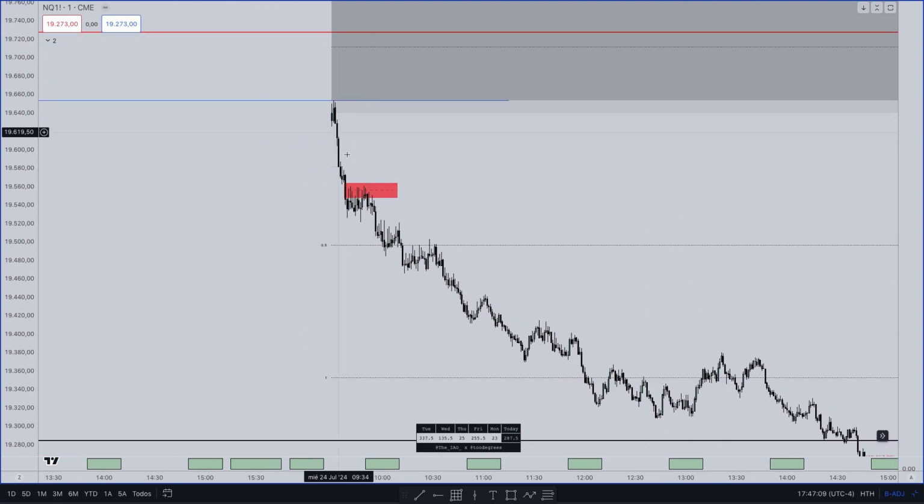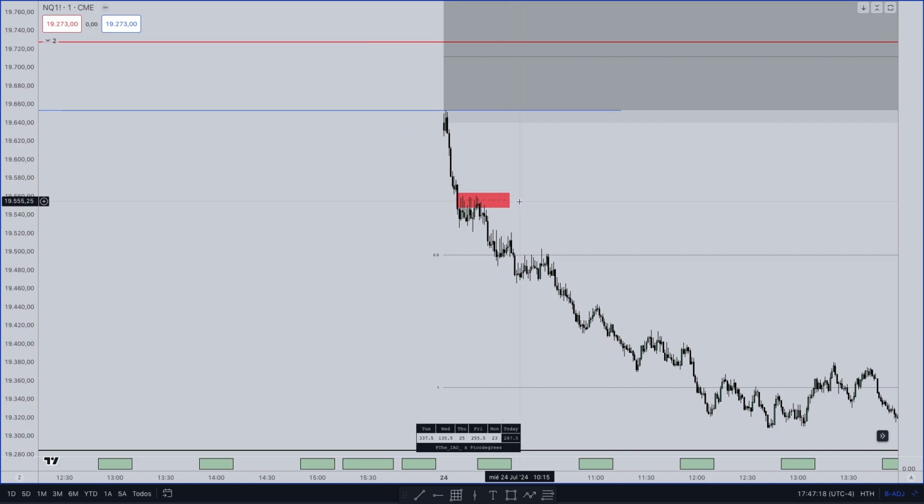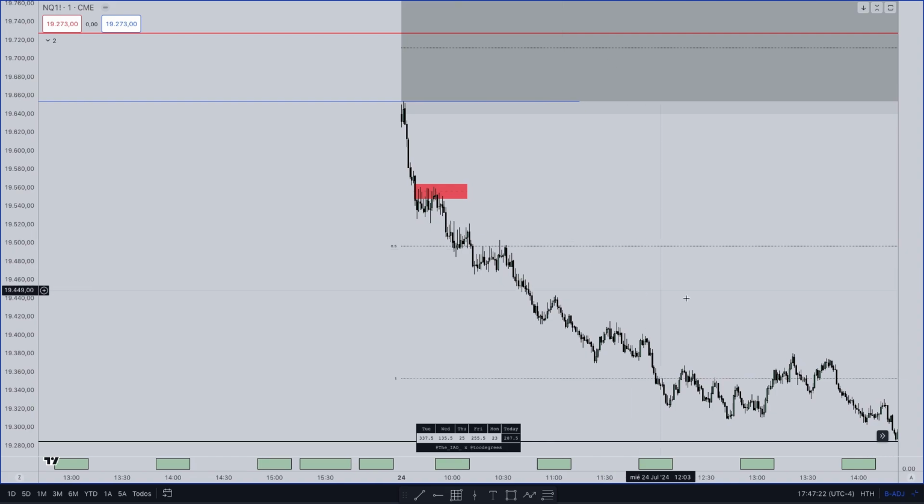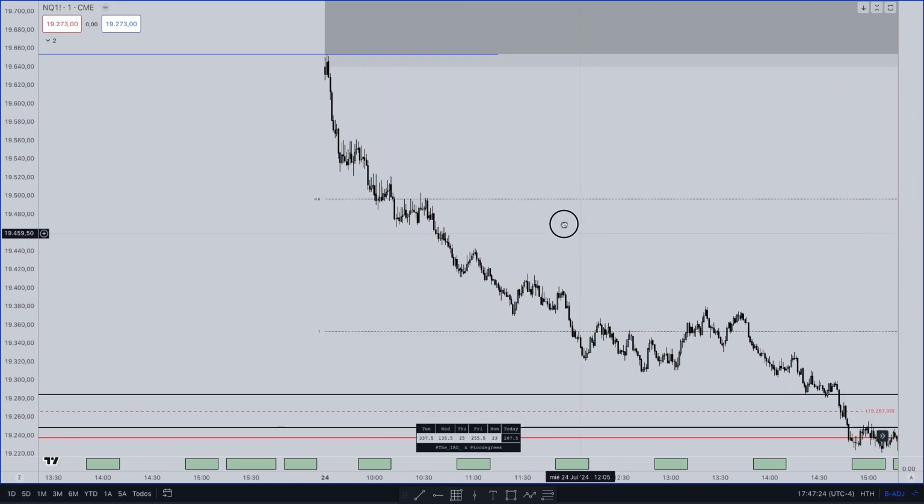But you can short this. Obviously it requires a little bit more experience, confidence and risk management. If you place your stop loss above this candle here, it's fine. But I didn't take this trade.